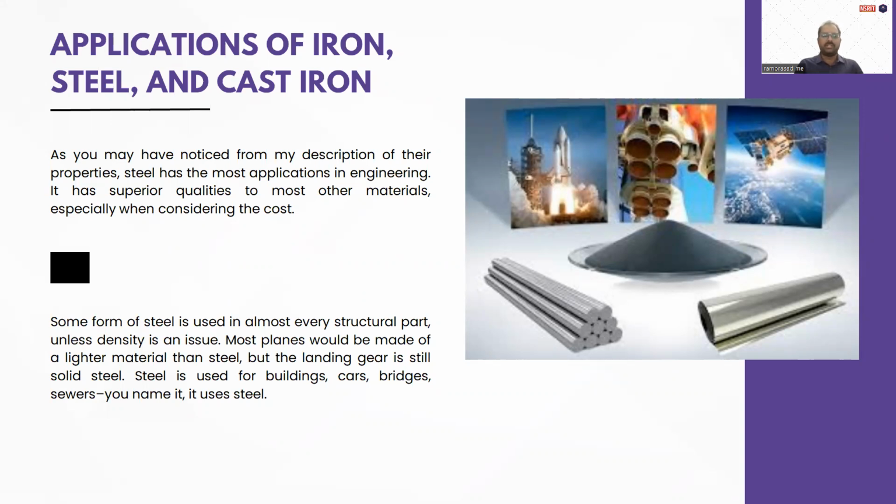Steel is used in almost every structural part, unless density is an issue. Most planes would be made of a lighter material than steel, but landing gear is still solid steel. Steel is used for buildings, cars, bridges, wherever strength is required for our application.